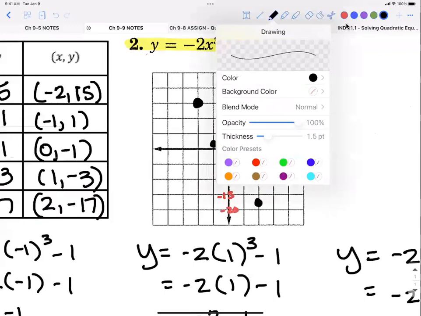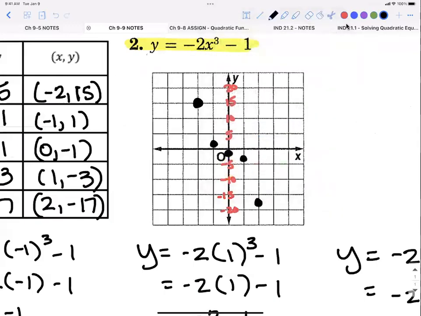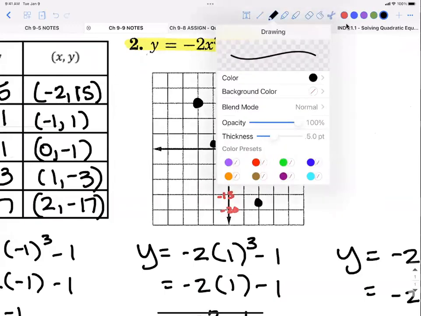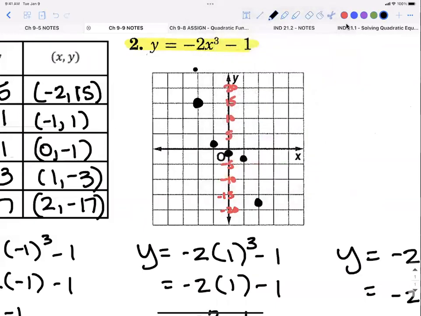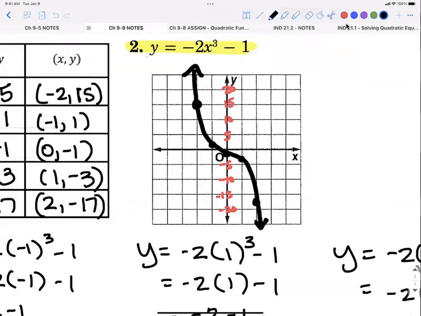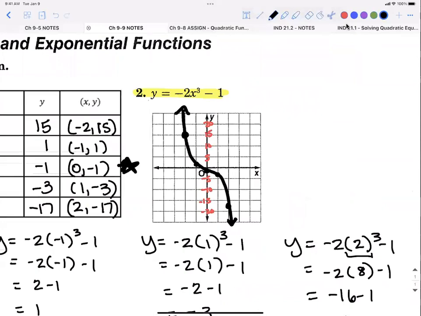I'm going to make my line a little bit thicker so that it shows here. So when I draw my graph or connect my points, I get this kind of bent graph. And notice where it makes the bend is this point right here, kind of that middle point, that 0 point. That's where it makes the bend.